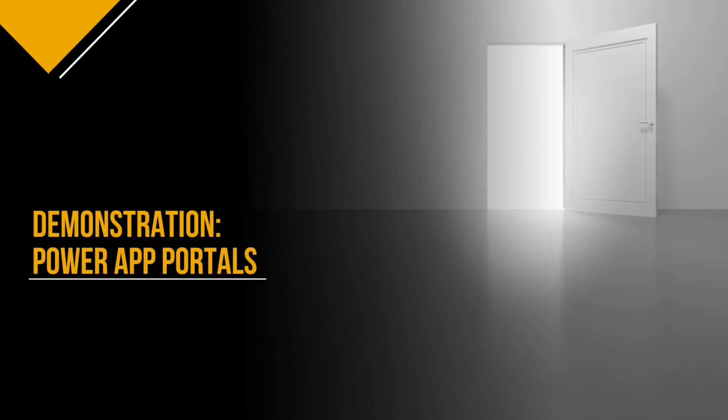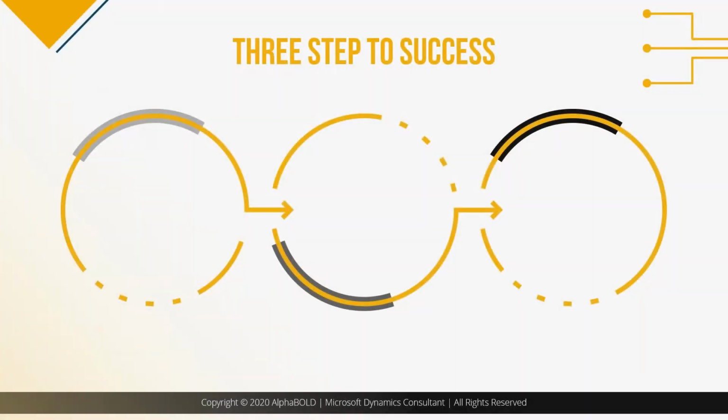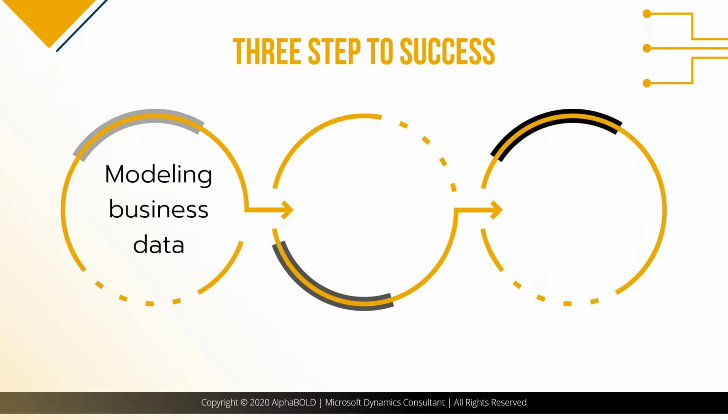All right, so let's talk about our 3 steps to success. In order to build a Power App, I need to follow 3 guidelines, and these are guidelines recommended by Microsoft. In our case, we've isolated our problem. How can we leverage the application to overcome these? So let's break it down. First, we're going to model the business data.